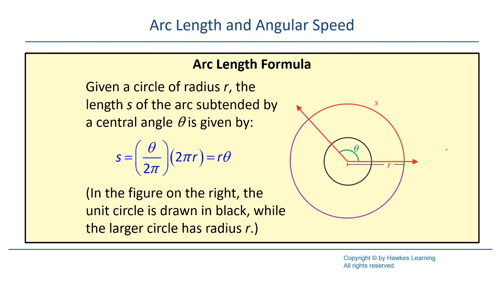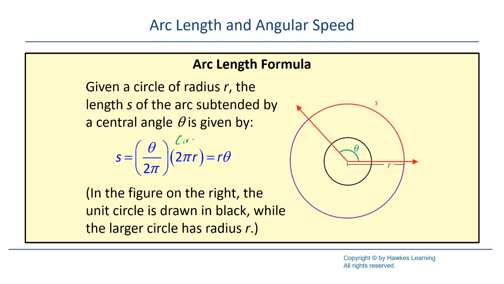Now the arc length formula, it kind of makes sense when you think about it. So we have a circle with a radius r, and the length s of the arc is subtended by a central angle theta, which if you think about really what you're doing, if you were to take the area of a circle, the circumference, that's this part.